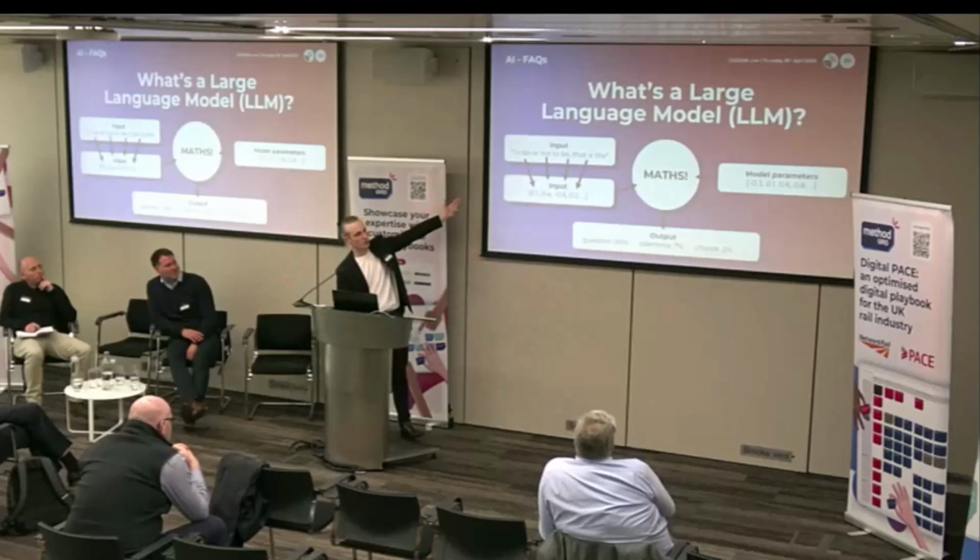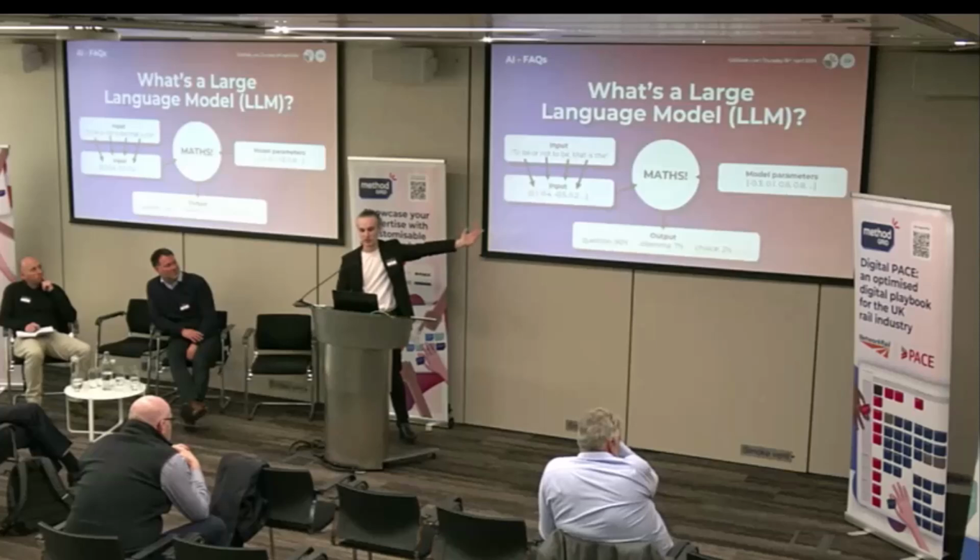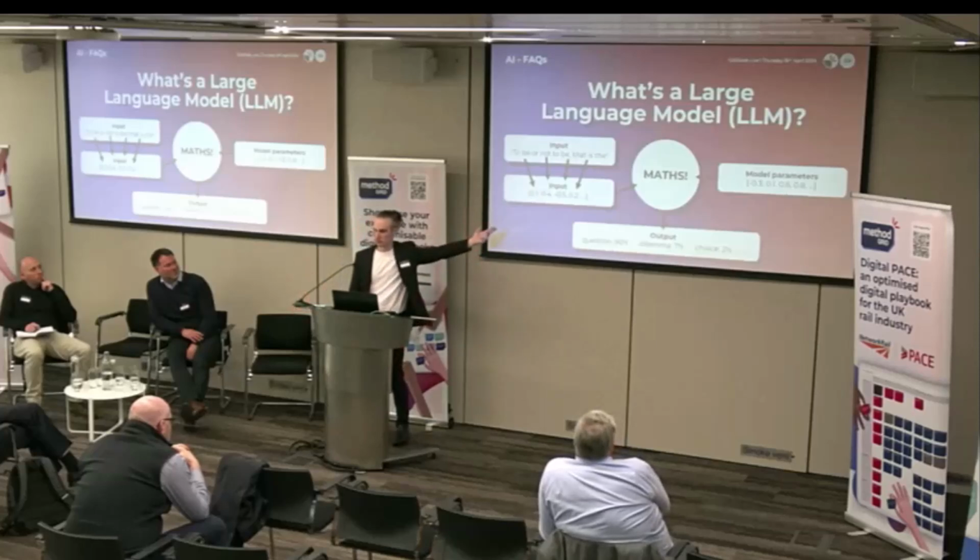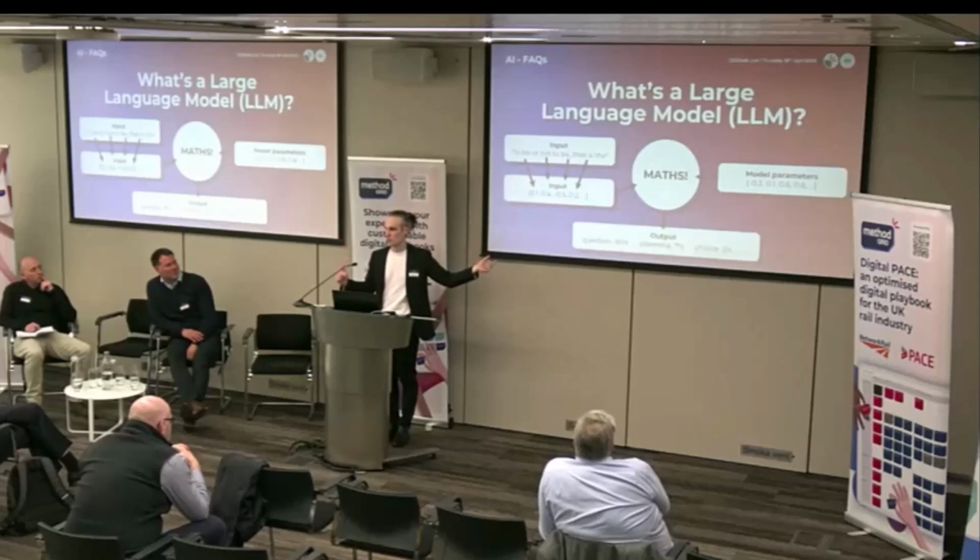So if we input the phrase to be or not to be, the output, after it's been embedded and some maths has happened, is going to be the probabilities for what the next word is. Now, I made these numbers up, but it's probably going to be a 90% chance it's the word question, a 7% chance it's the word dilemma, 2% chance it's the word choice, whatever. It'll output a probability for every single word in the English language and all grammar.